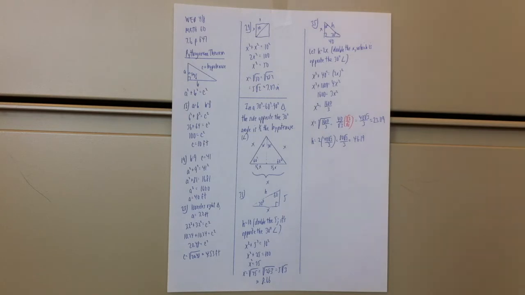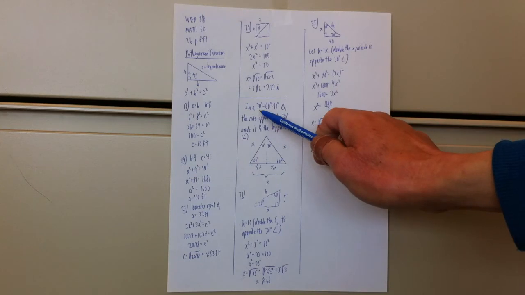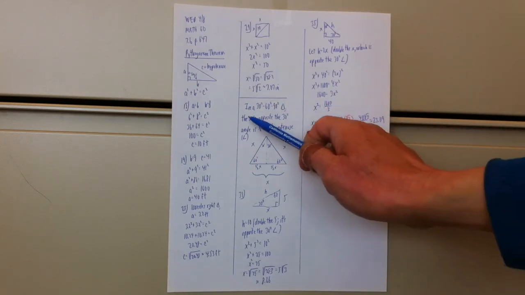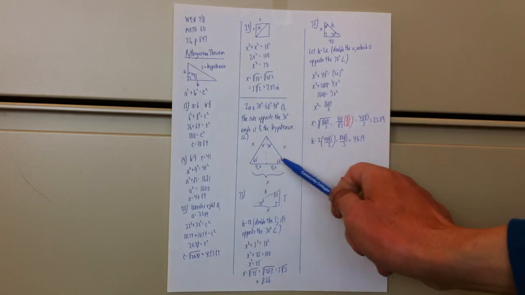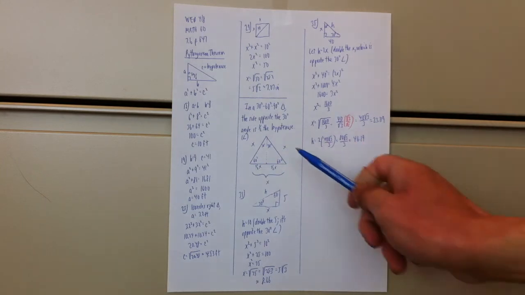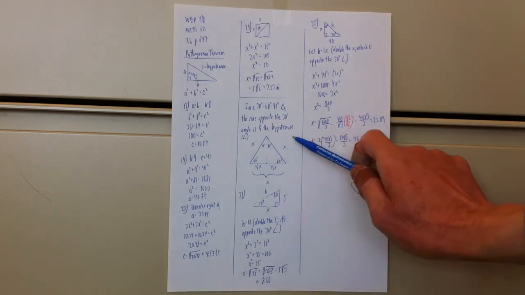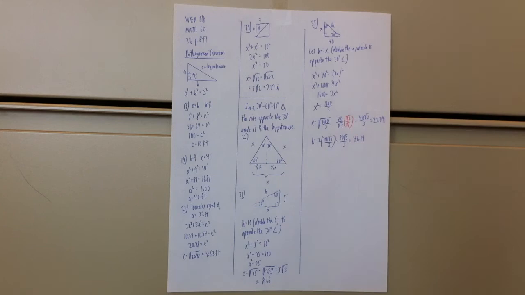Then we have a couple of problems involving something called a 30, 60, 90 right triangle. If you have a 30, 60, 90 degree triangle, then we have the rule, the side opposite the 30-degree angle is always half the hypotenuse. Give you a little mini proof of that over here. If you have an equilateral triangle, all three sides are the same. So let's call this x, and this is also x, 60, 60, and 60 degrees.